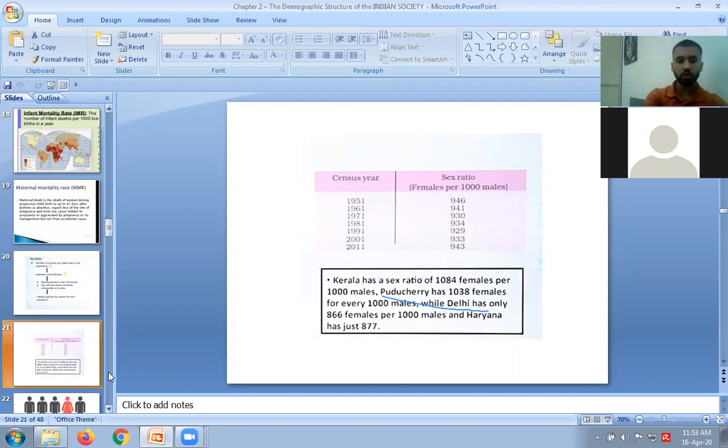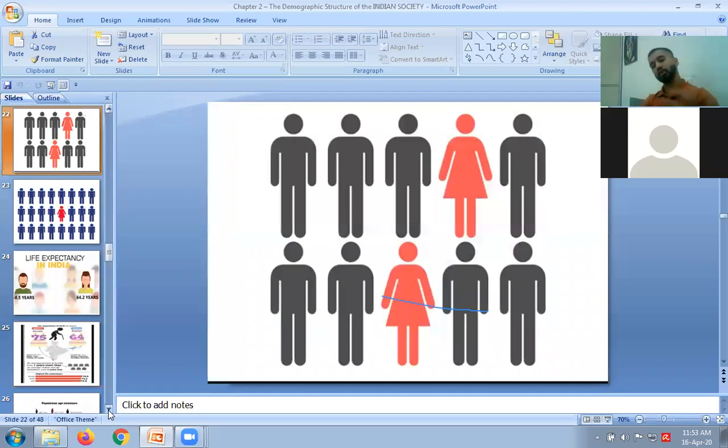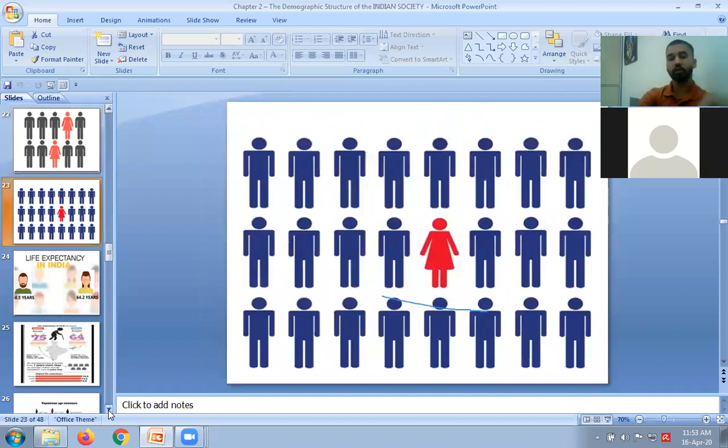All right, so look, the condition can be like this. You can see on your screens. We have got a number of males, but only two females as far as this figure is concerned. And if we do not try to find solutions to these things, then the situation can go to this level. Look at that. There are a lot of males and only one female, right?